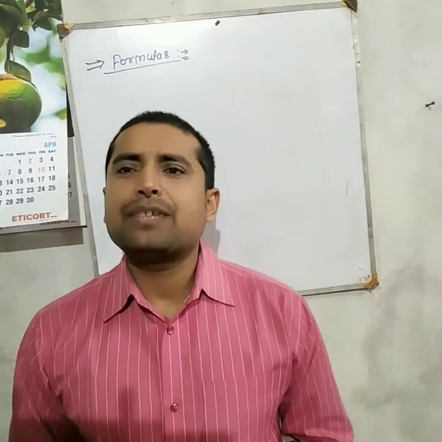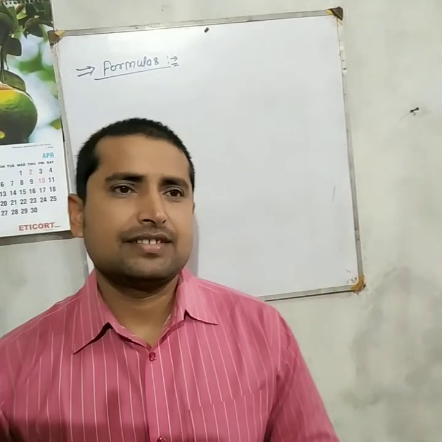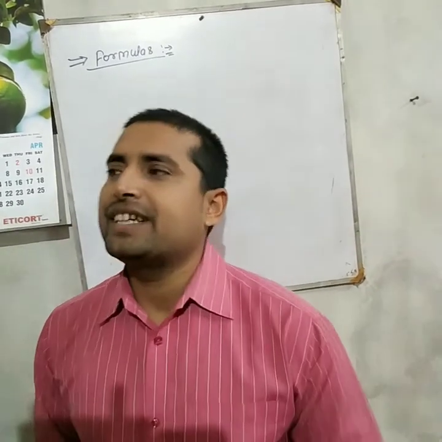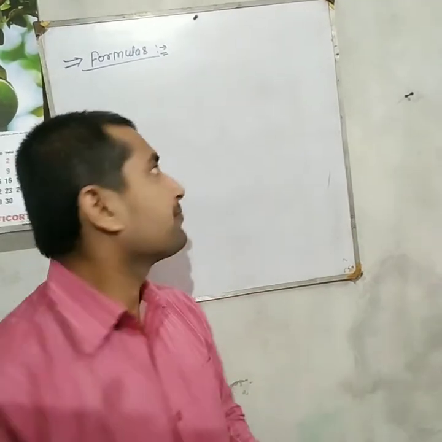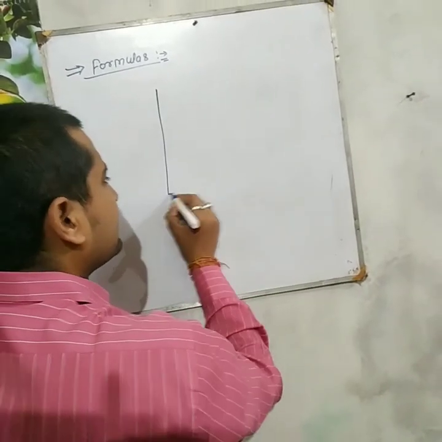A formula starts with an equal sign. It contains numbers, cell references, cell ranges, and operators. So let's see how to work on formulas.